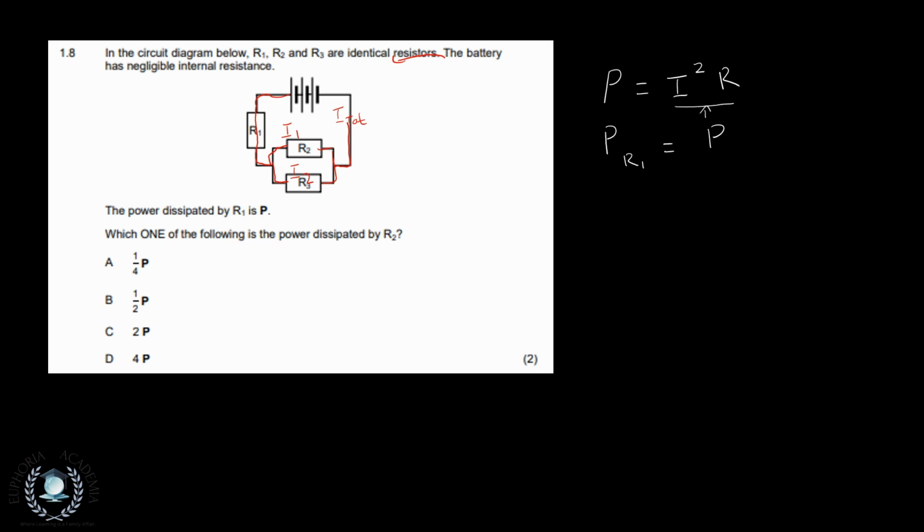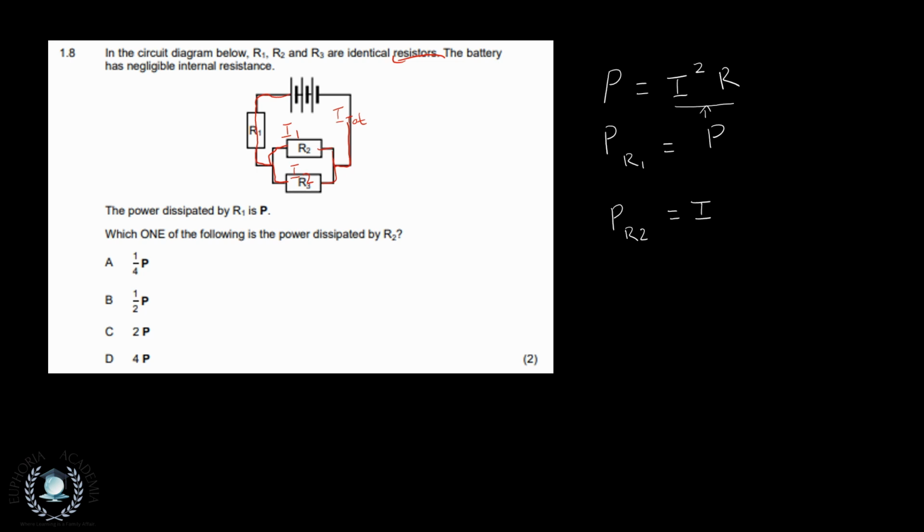All right. So what is happening in the circuit underneath? All right. So they want the power dissipated by the second resistor, so R2. Okay. Now the power dissipated is still equal to I squared multiplied by R, but this is going to give us a different type of I, right?